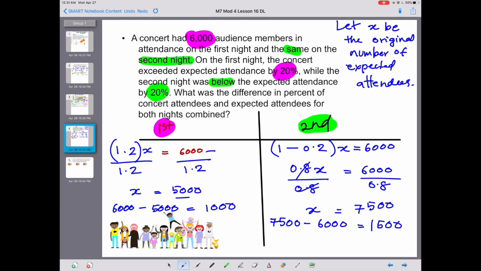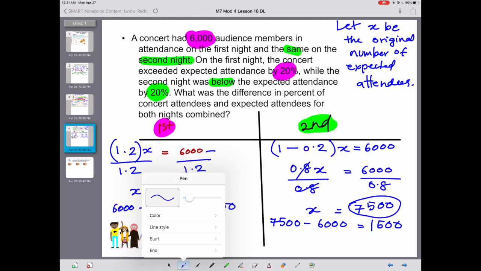Now they're asking us to figure out the percent of the difference. So I have to combine the numbers that were expected and the numbers that actually showed up. The expected amounts were 5,000 plus 7,500.